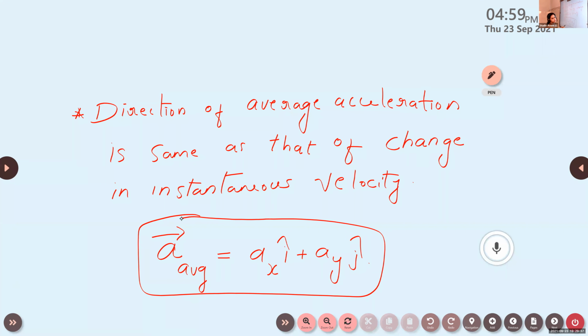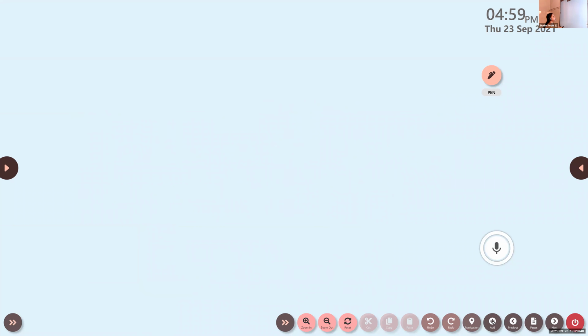Now write the next subtopic. Instantaneous acceleration.